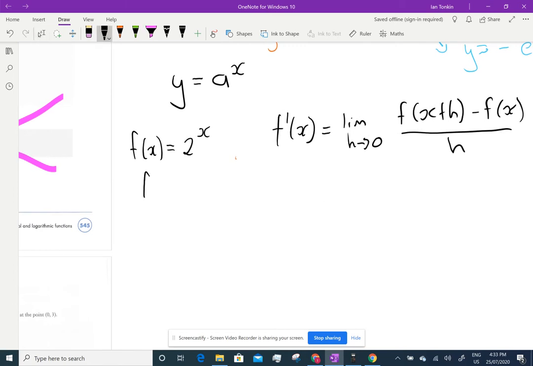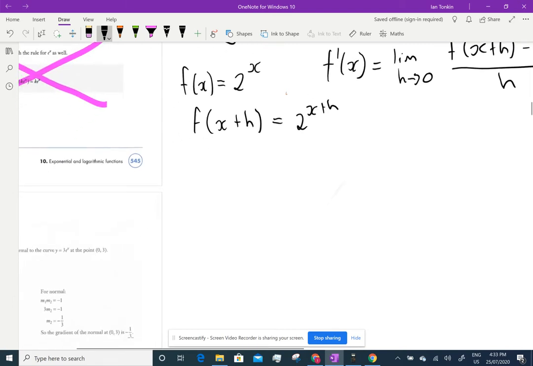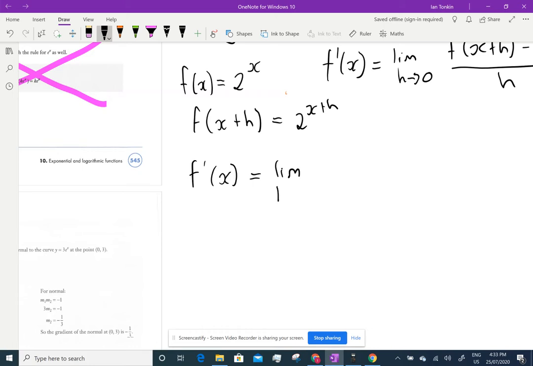Well, first of all, we've got to find f of x plus h, which is pretty easy. We just put an h in there, we get 2 to the x plus h. So f dash x is the limit as h approaches 0 of 2 to the x plus h minus 2 to the x all over h.